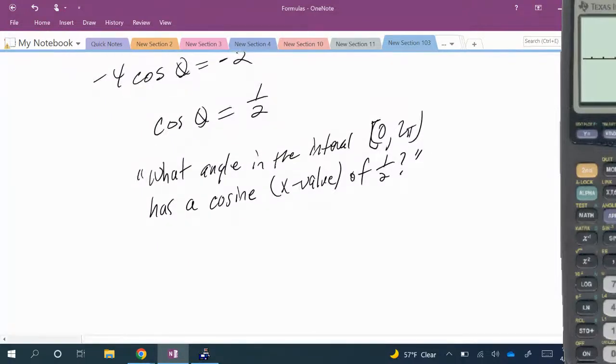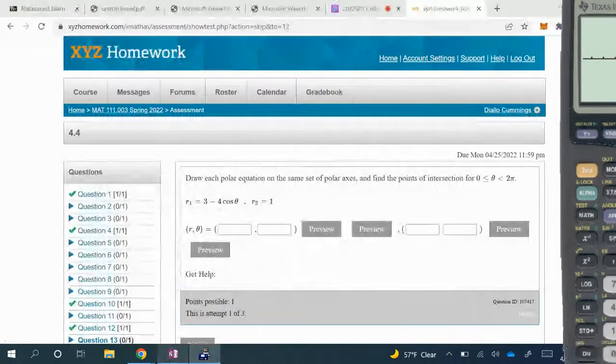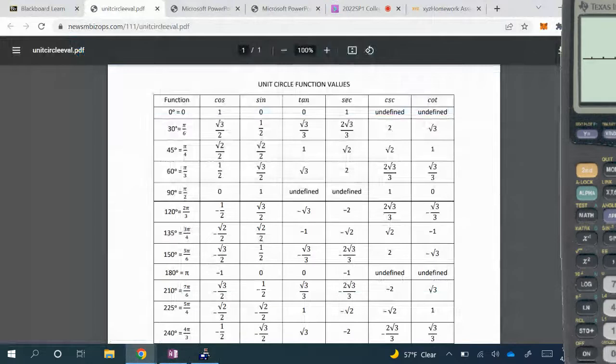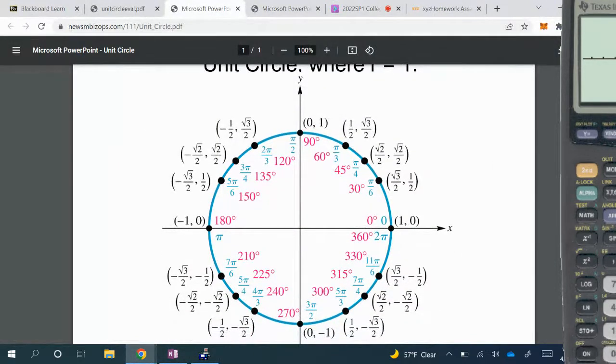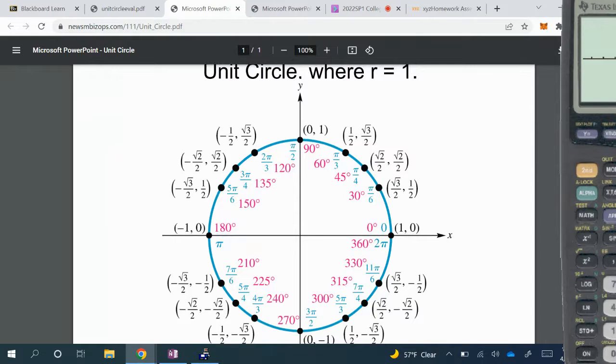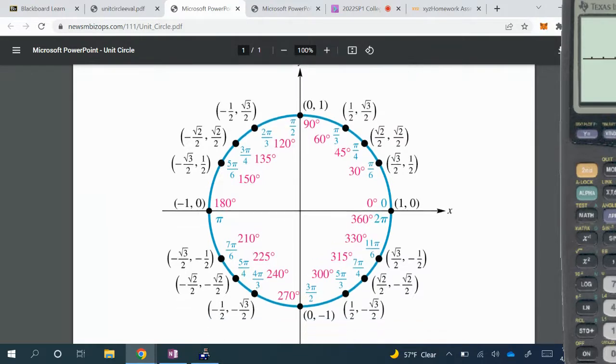So I'm going to look in the unit circle for two angles that have an x coordinate of 1/2. I see that pi over 3 has an x coordinate of positive 1/2. I also see that 5 pi over 3 has an x coordinate of 1/2.